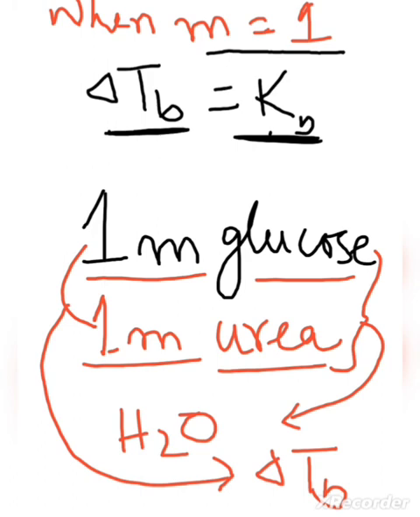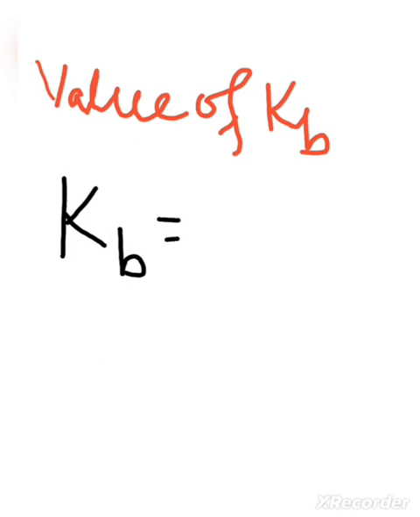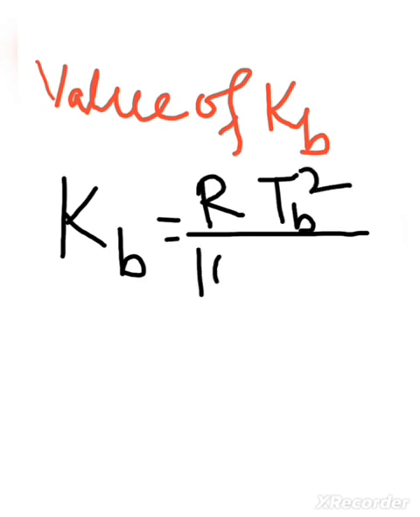Now the value of Kb for water. We have Kb equal to RTB square by 1000 LV. Now R is the universal gas constant.